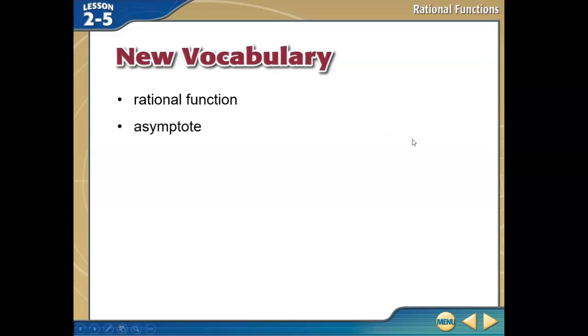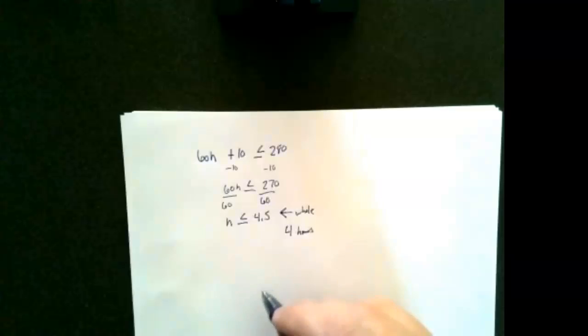On asymptotes, like I said, if you can imagine an infinite discontinuity, like the equation 1 over x, the horizontal asymptote would be at the x-axis, and the vertical asymptote would be at the y-axis. By any other definition, an asymptote is a line which your graph approaches but does not touch.